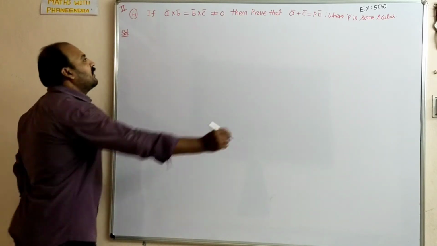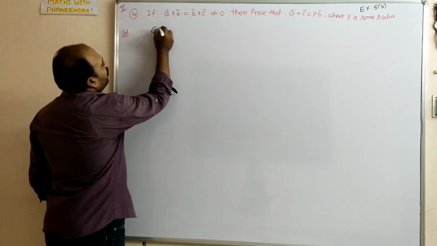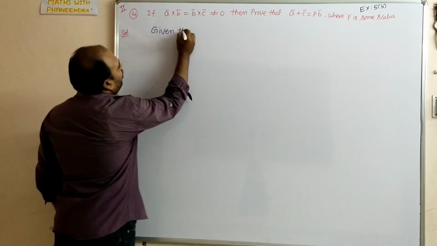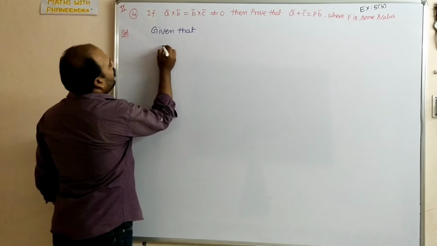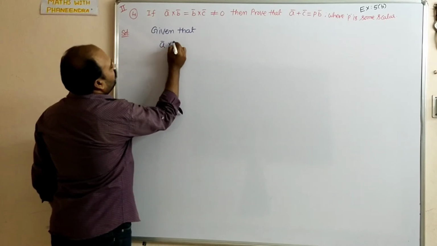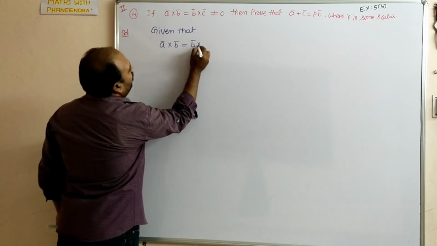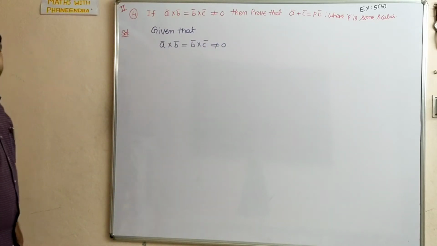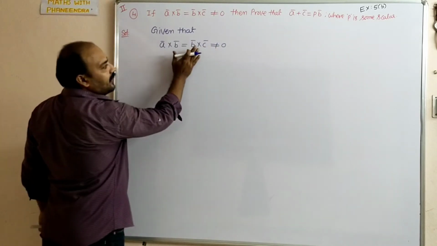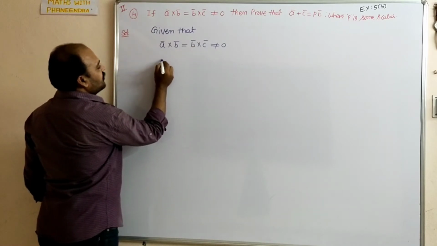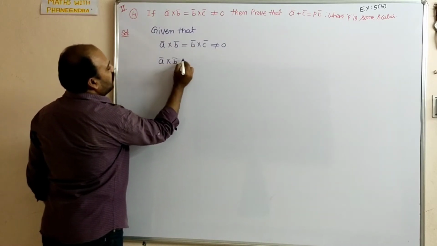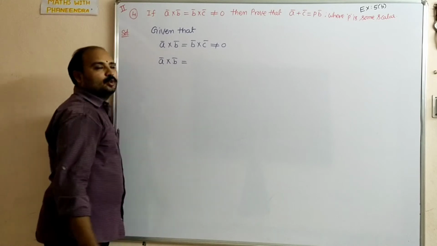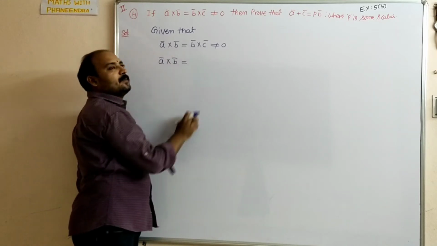So here given that a bar cross b bar is equal to b bar cross c bar, which should not be equal to 0. I am considering a bar cross b bar is equal to b bar cross c bar.